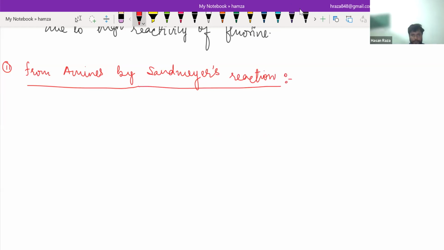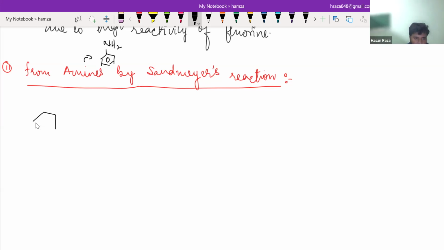Now see, this is amine. NH2 directly connected to a benzene is called an amine. So how are we going to prepare?